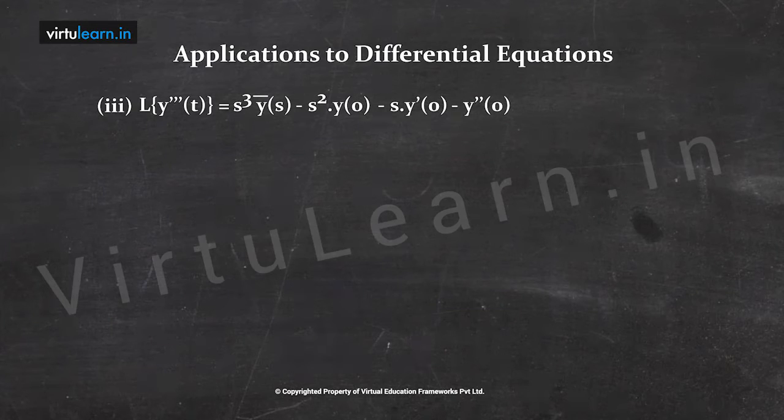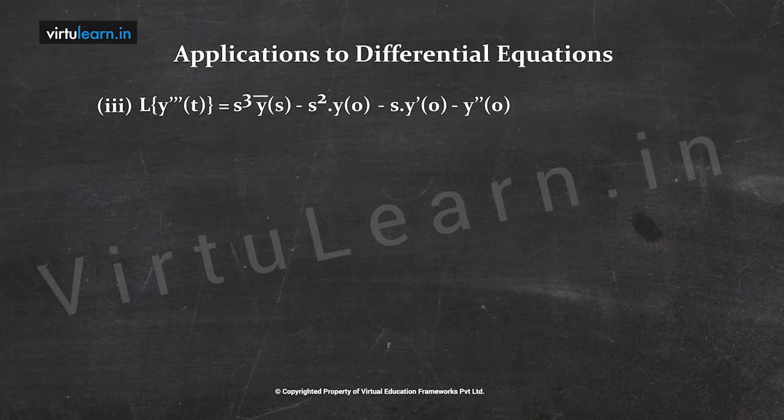Third one, Laplace transform of y triple dash of t is s cube y bar of s minus s square into y of 0 minus s into y dash of 0 minus y double dash of 0.